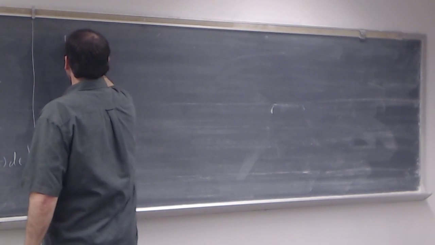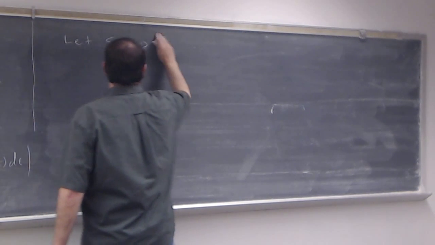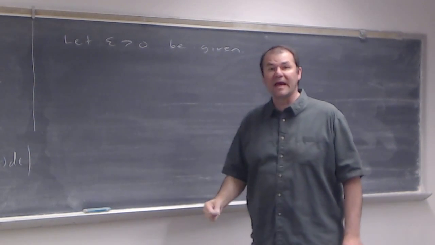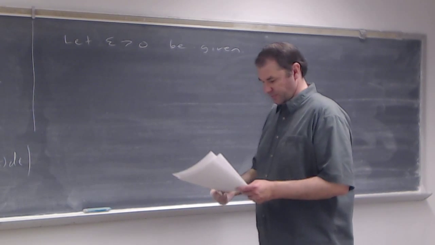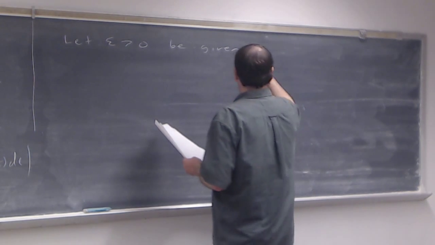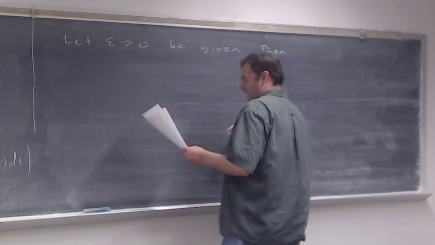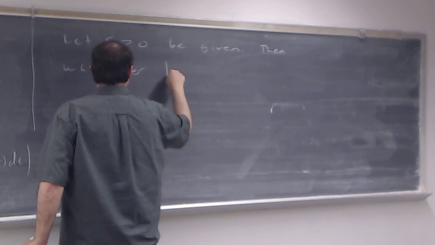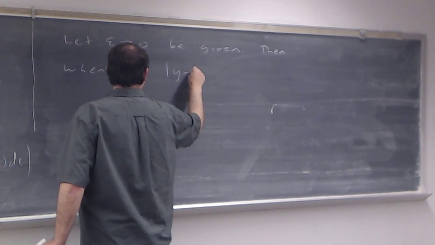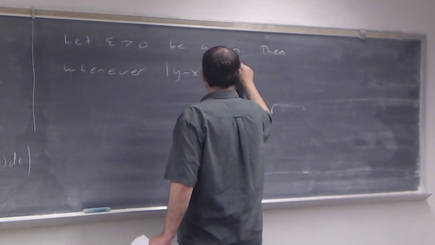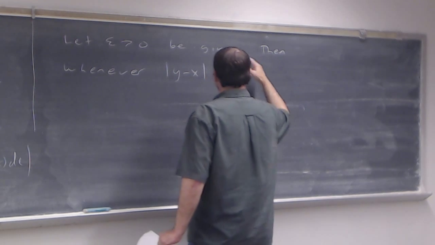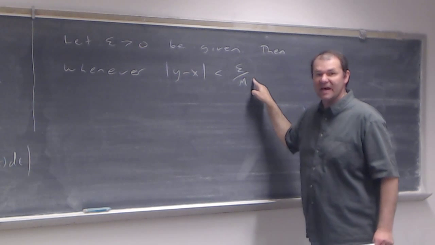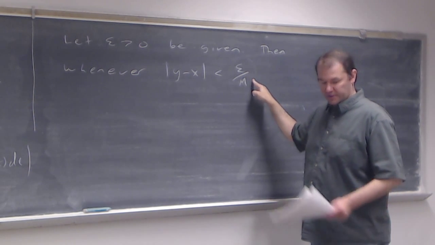Now, let epsilon be greater than 0 be given. Remember we're trying to show that big F is continuous, so we're looking for this delta. Whenever the absolute value of y minus x is less than epsilon over M, where epsilon is positive and M is positive, this acts like the delta in the definition of continuity.